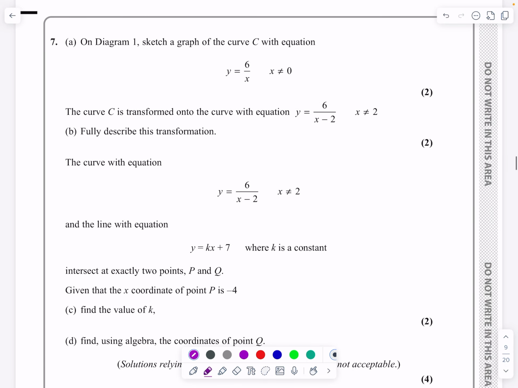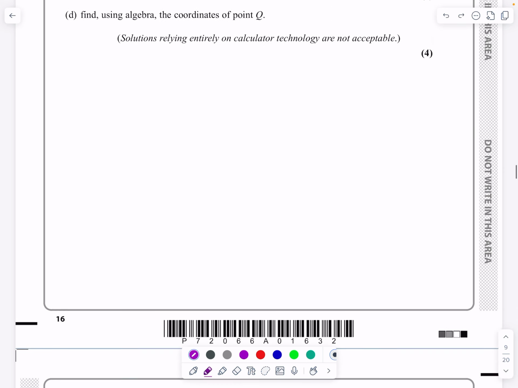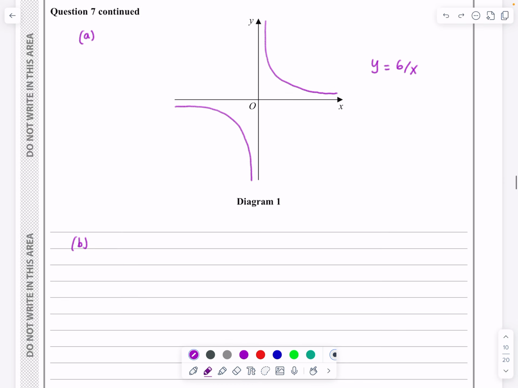Part B says we've now got to transform it to 6 over x minus 2 and describe that transformation. So again, really basic knowledge here that we should know: if we've got f of x minus 2, what does that do as a transformation?